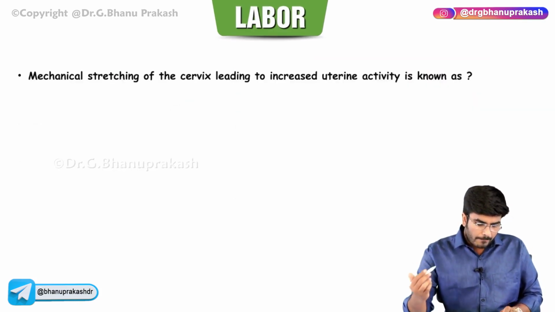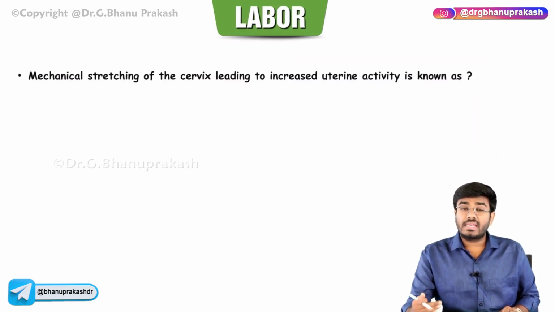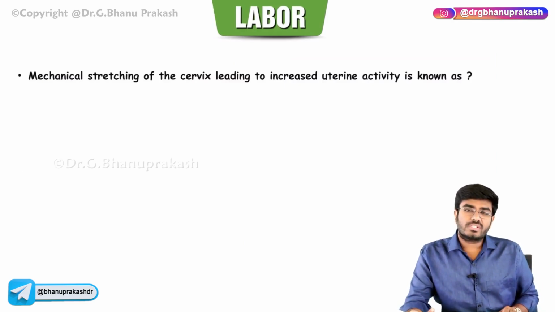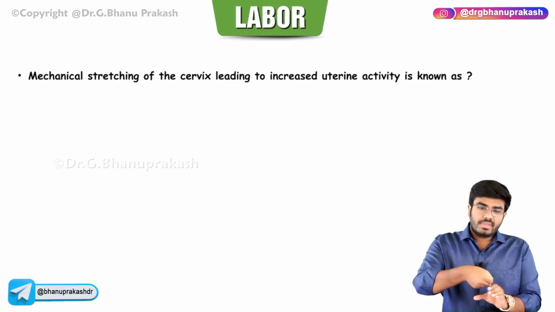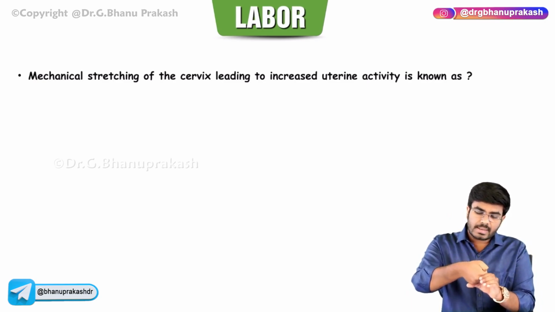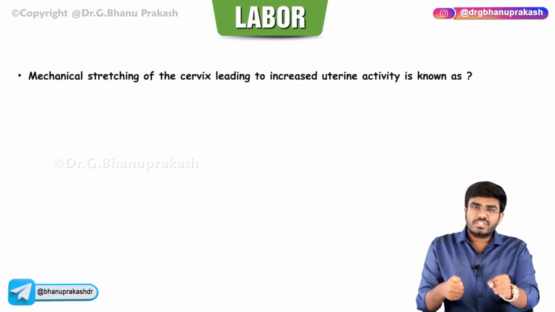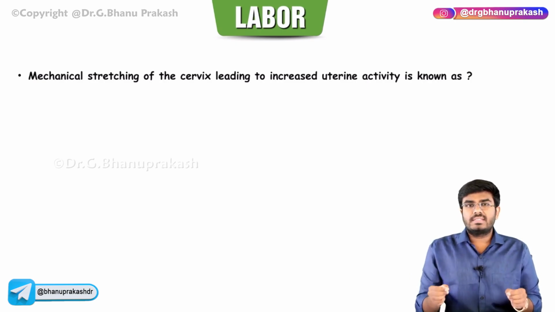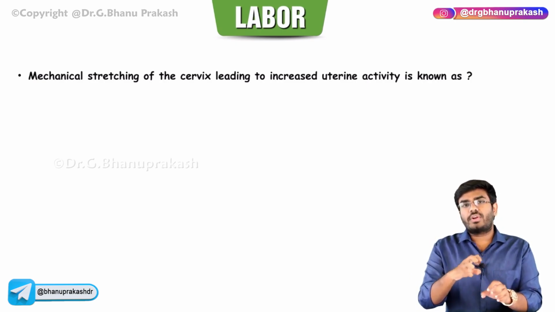Now, mechanical stretching of the cervix leading to increased uterine activity or increased uterine contractions. See, when the baby is getting pushed against the cervix, the baby's head is getting compressed against the cervix. Now, this mechanical stretching of the cervix leads to activation of the uterine contractions.